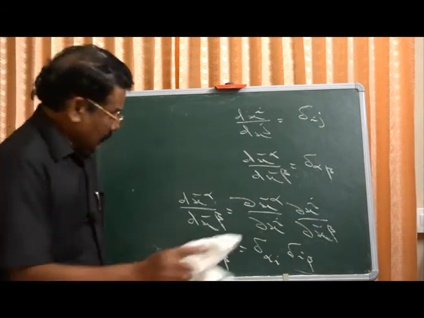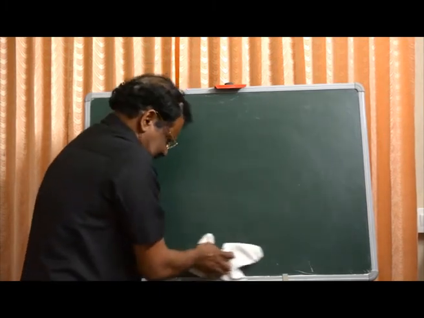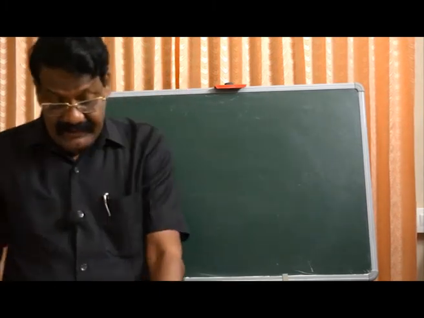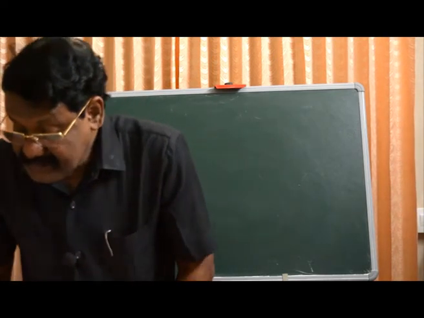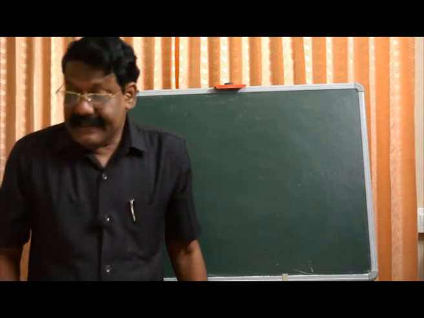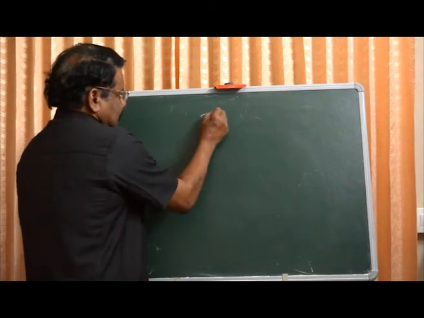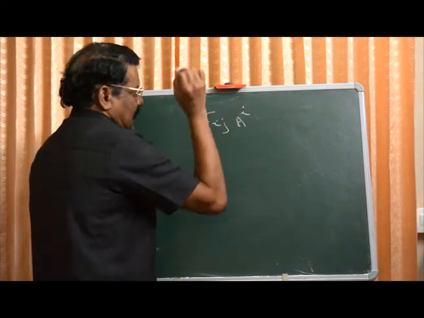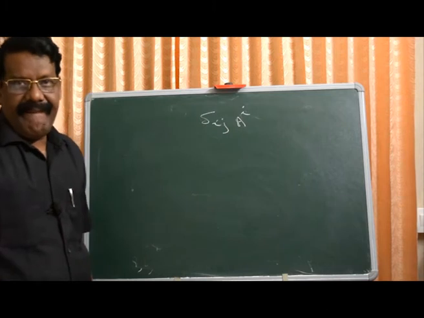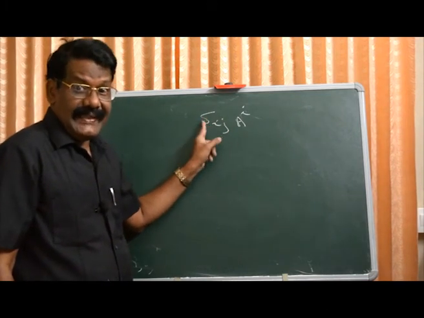Now we can write down some other properties exhibited by the Kronecker delta. For example, delta ij a_i will survive only when i is equal to j.